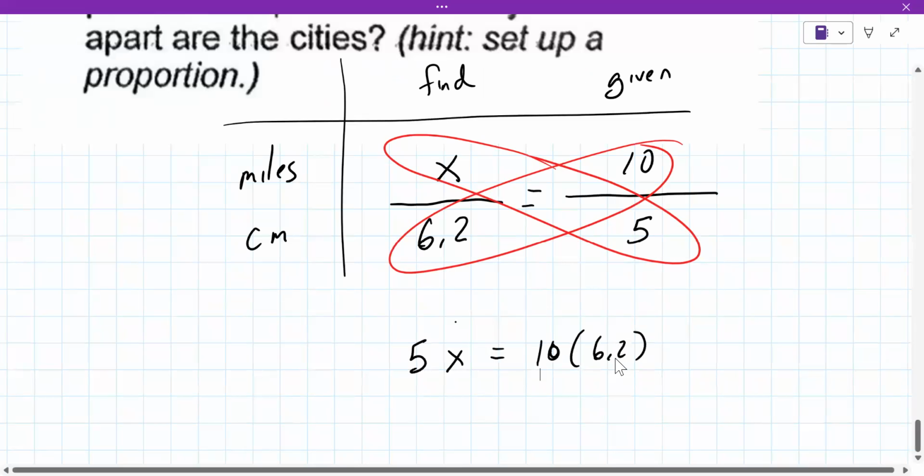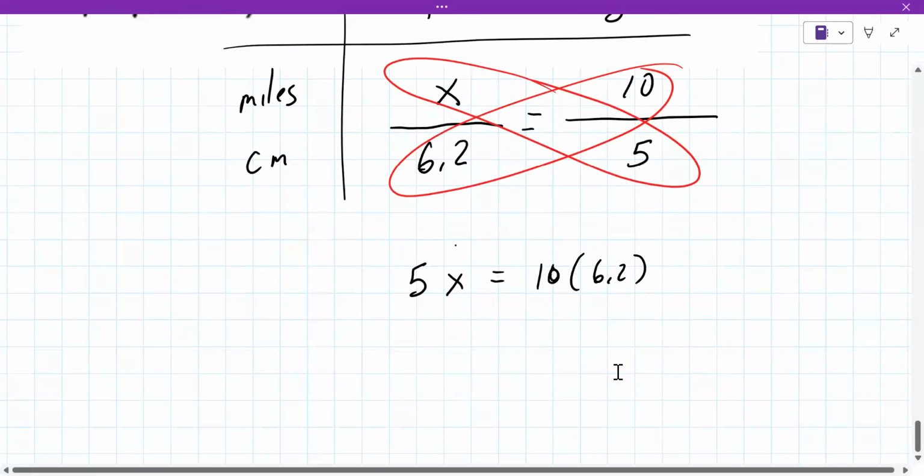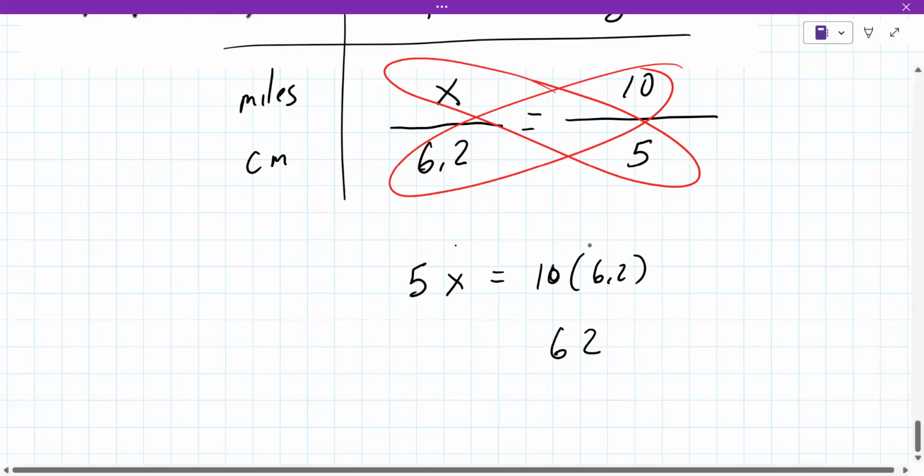What does the right side become? What is 10 times 6.2? 62. Right.